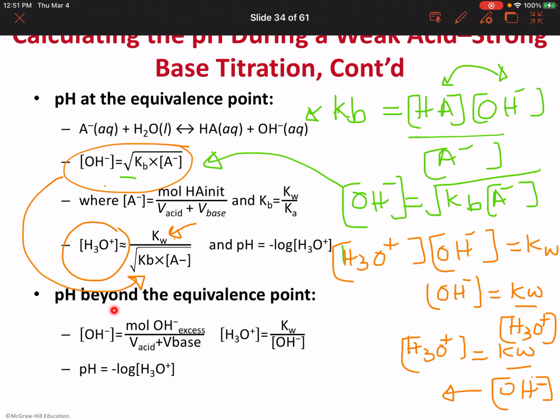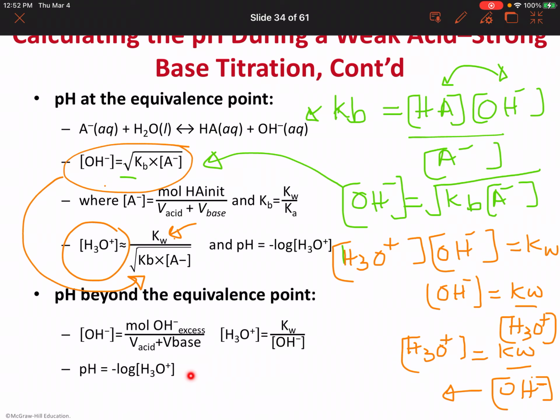Now, how do you calculate the pH beyond the equivalence point? After the equivalence point, we have added more hydroxide ions, so we want to find the molarity of the hydroxide added. You take the moles of hydroxide added in excess and divide by the total volume of the acid plus the added base, because this hydroxide is in that total volume. That gives you the concentration of hydroxide, and again the hydronium ion can be found as Kw over hydroxide.